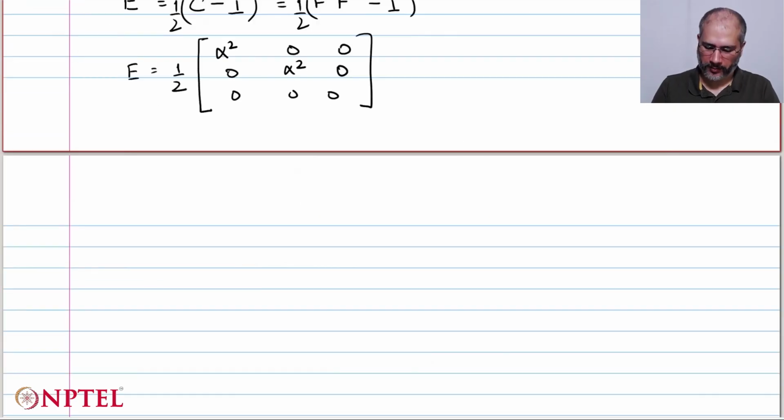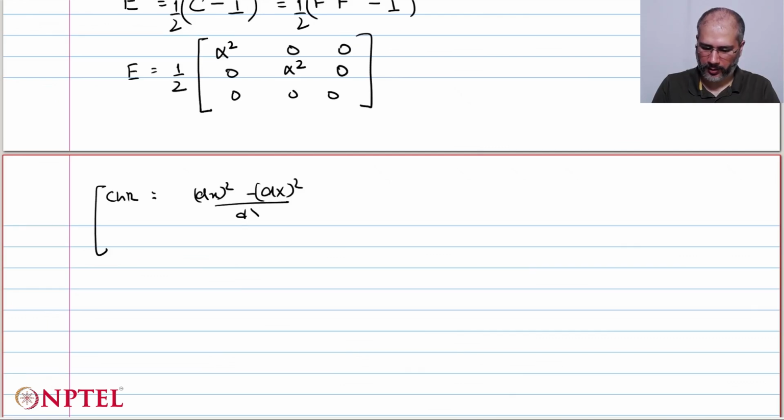As a quick check, although that's not asked as an exercise in the problem, we can check that dx squared minus dX squared upon dX squared was given as n hat dotted with 2E dotted with an n hat.